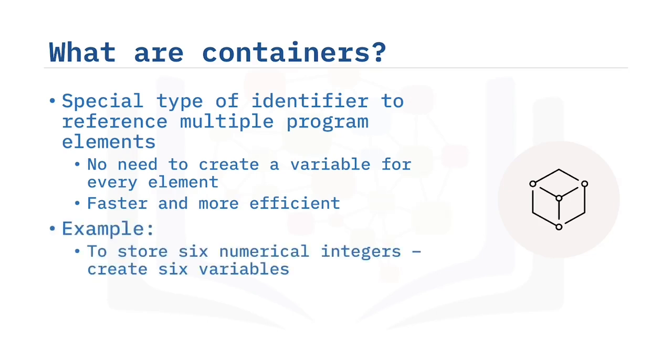For example, if you only want to store 6 numerical integers, then you could argue that you could just create 6 variables, one for each. But what if you need to store 1,000 integers or more? In such a case, defining 1,000 variables would obviously be an unwieldy and inefficient programming technique. So in this case, you would use a container.